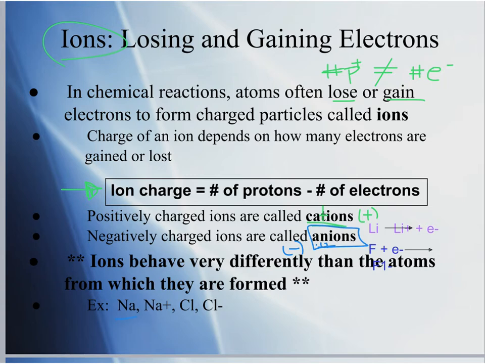Chlorine in nature, the neutral chlorine atom, is a gas. Chlorine ion behaves much differently than that. And when we get sodium ion and chlorine ion to hook up together, now it's kind of mind-blowing. You take a metal and you take a gas, you mix them together, and you get salt, that you eat on your French fries. It's like, what? So ions behave very differently from the atoms from which they come. Got to remember that.